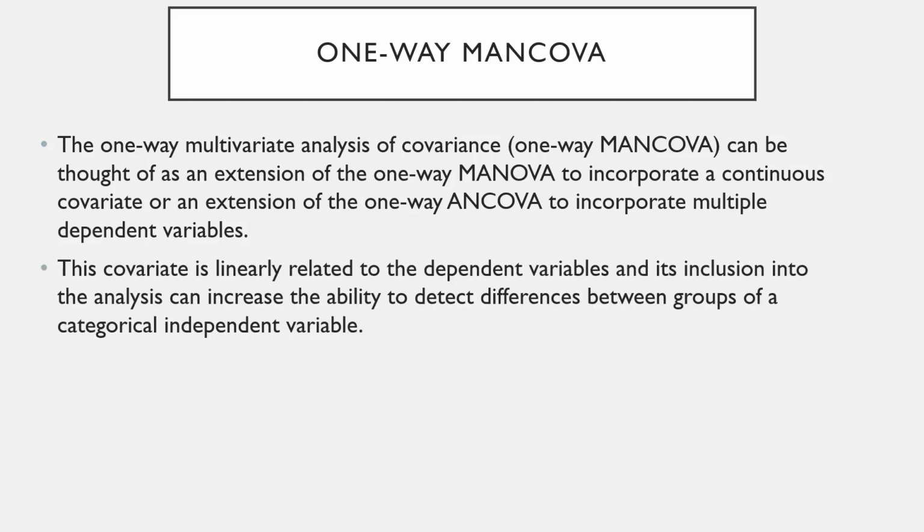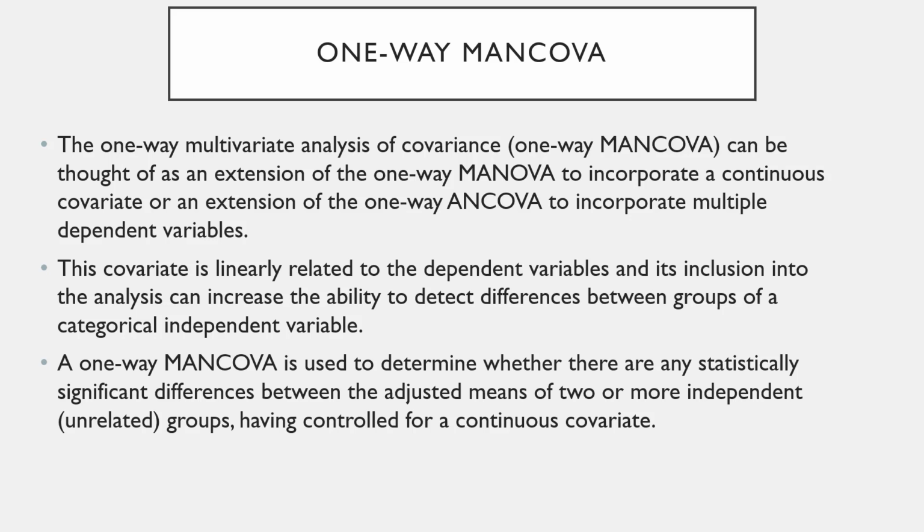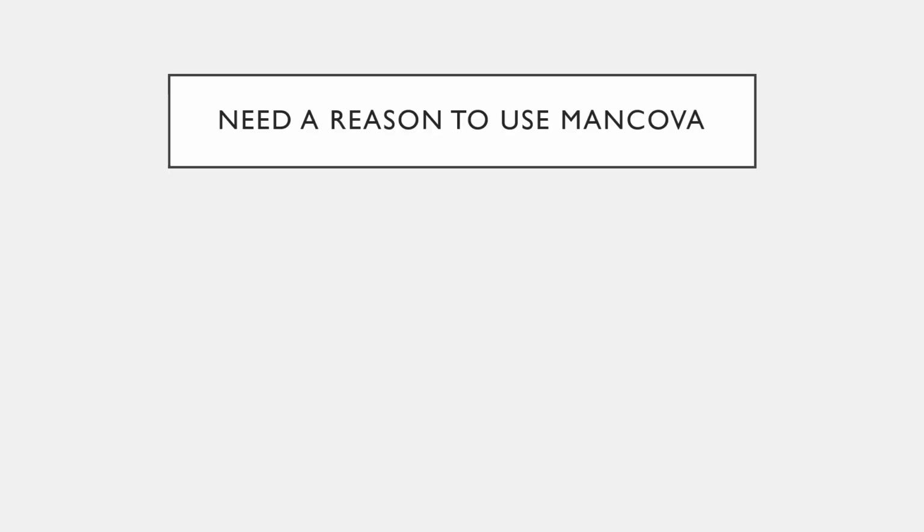This covariate is linearly related to the dependent variables, and its inclusion into the analysis can increase the ability to detect differences between groups of a categorical independent variable. A one-way MANCOVA is used to determine whether there are any statistically significant differences between the adjusted means of 2 or more independent unrelated groups having controlled for a continuous covariate.